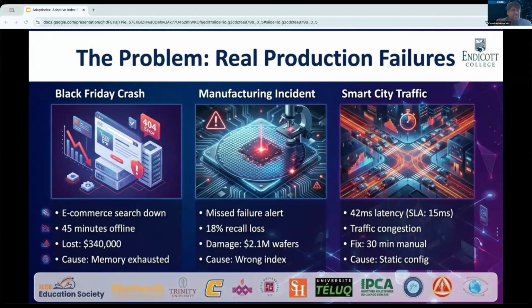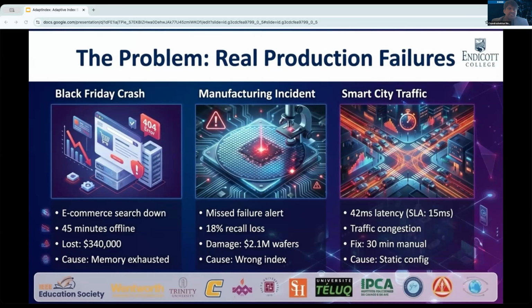Let me start with why this matters. These are three real production failures we documented here. First is an e-commerce company whose search engine crashed during Black Friday peak times when their index consumed all memory during a traffic spike, causing a lot of revenue loss.